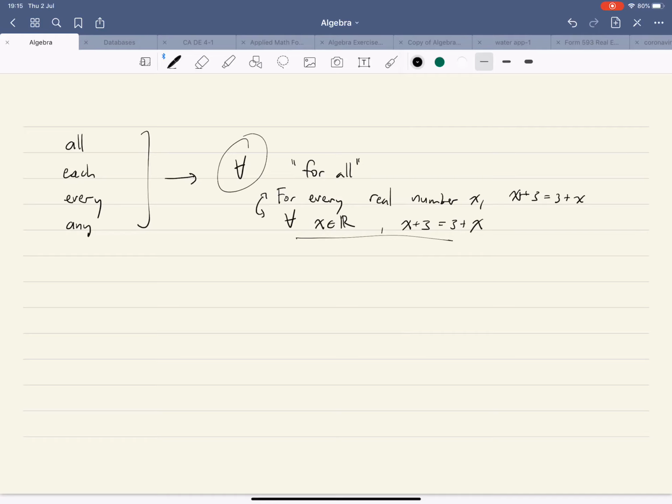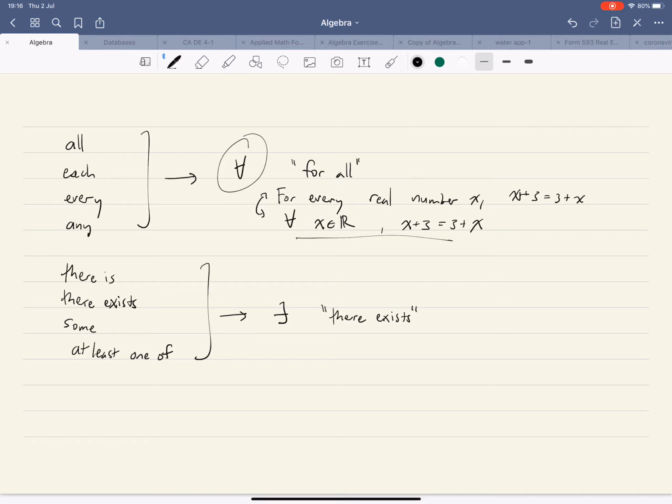Okay, the other symbol that can make your life a little easier is one that shortens there is, there exists, some, at least one of. All of these can be simplified with this backwards E, which directly translates to there exists.